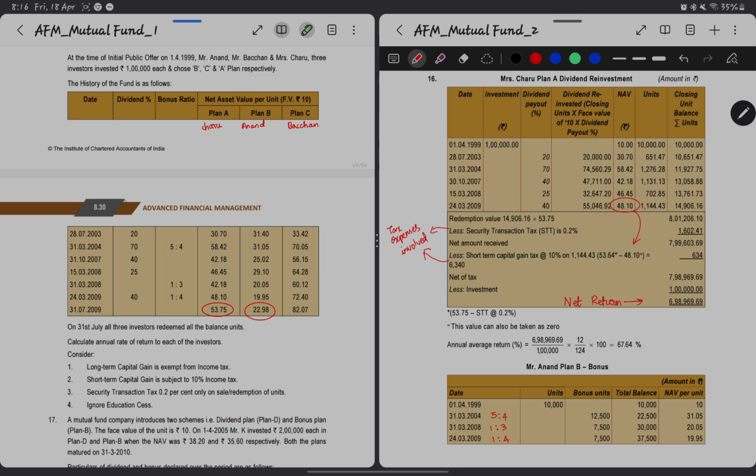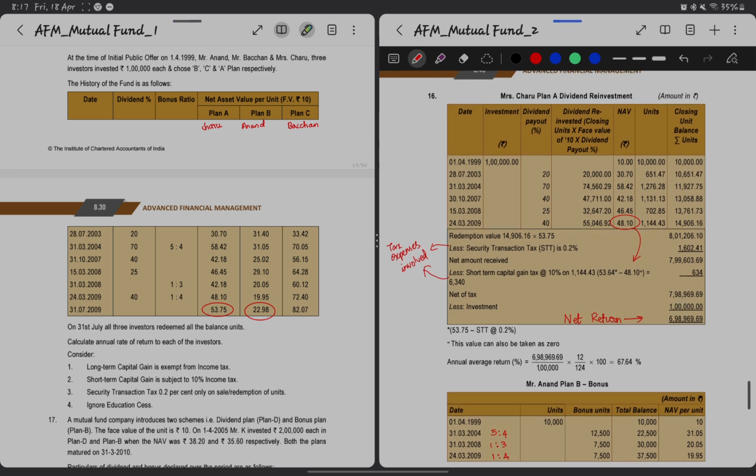So no need to calculate plus 4% or anything extra. Just stick to 0.2% only on sale or redemption, and short term capital gain 10% tax has to be reduced to arrive at the NAV and calculate the annual rate of return.